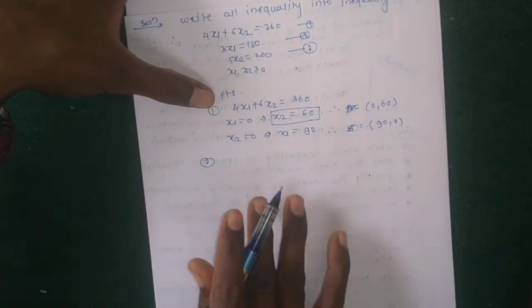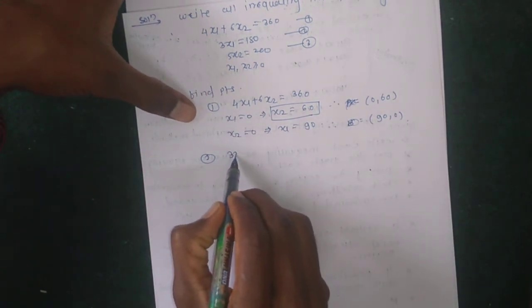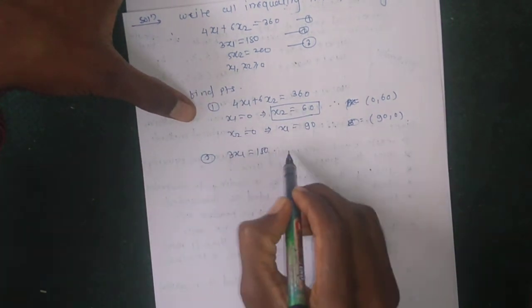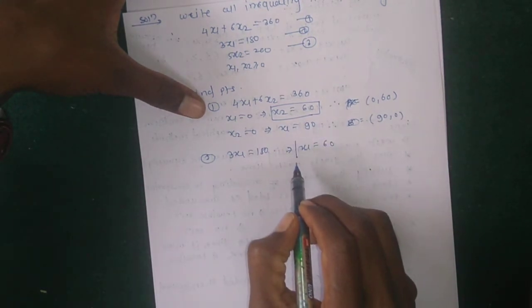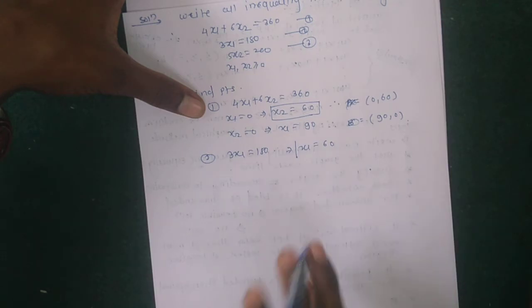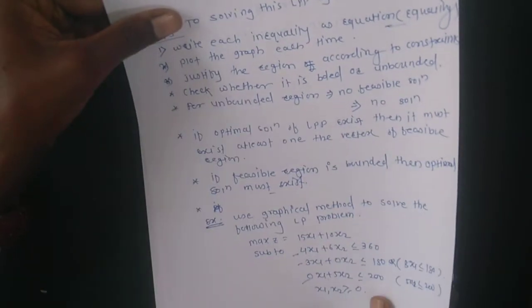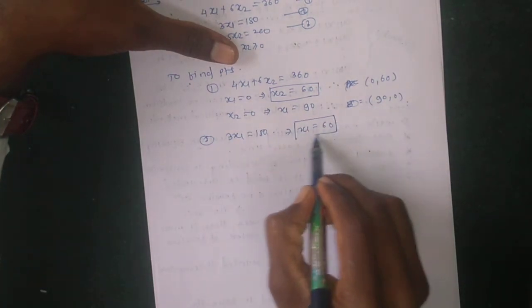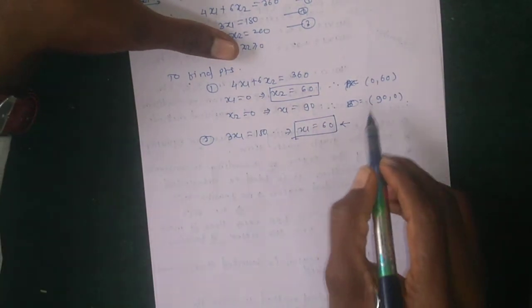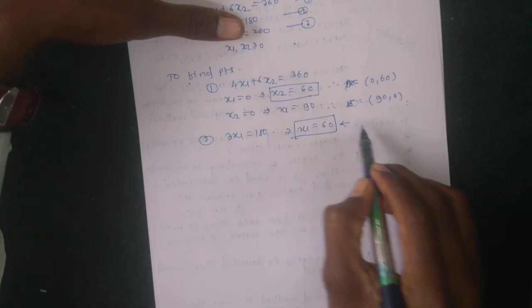Then for the second equation, 3x1 is equal to 180, which implies that x1 is equal to 60. This line is parallel to the x2 axis, and x2 is equal to 0.